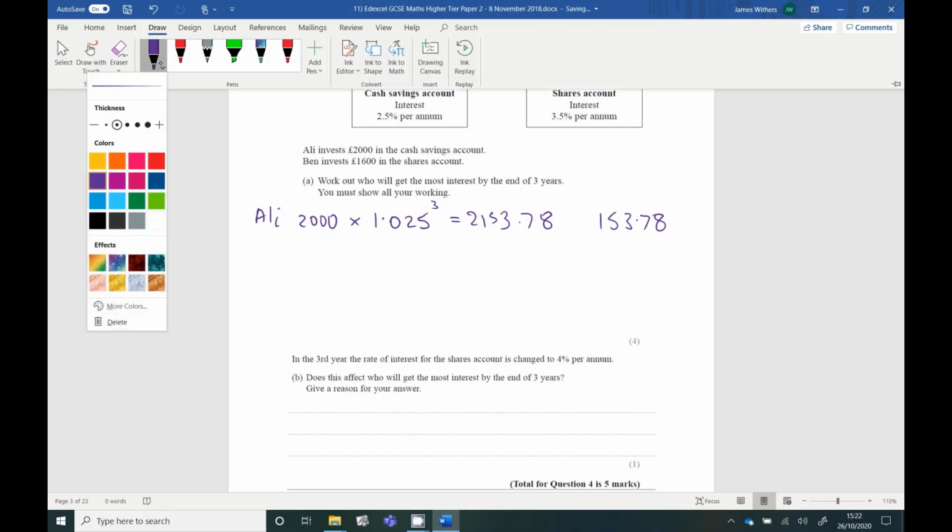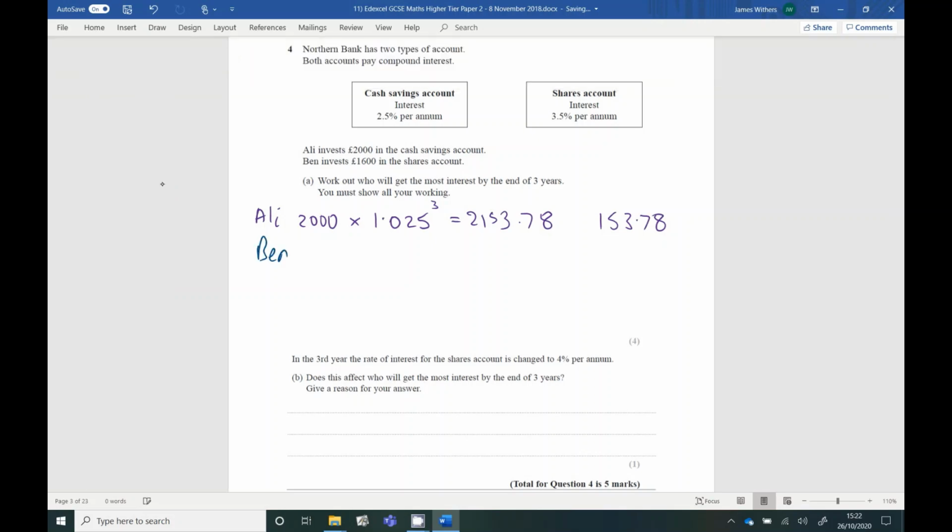Now moving on to Ben. So Ben invested £1,600, also compound interest, also 3 years, 3.5% interest, so 1.035 to the power of 3. So 1600 multiplied by 1.035 to the power of 3 gives us £1,773.95, rounding to the nearest penny.